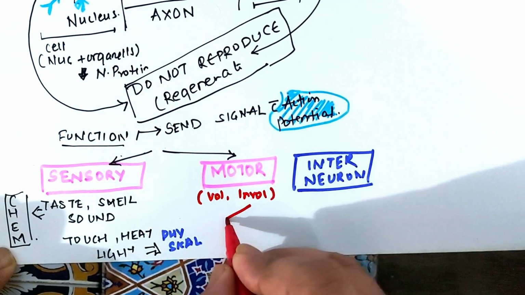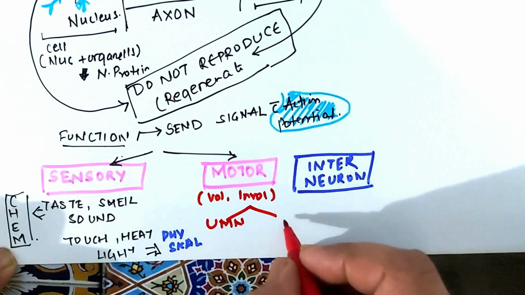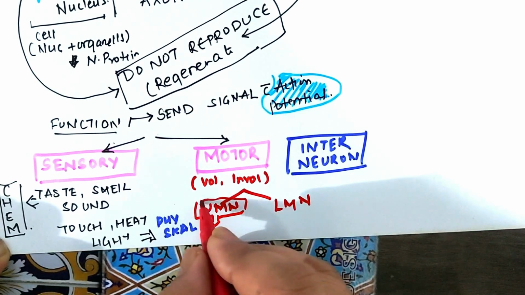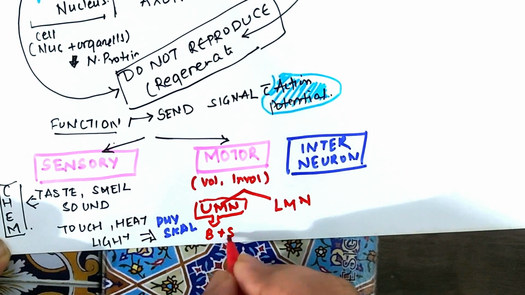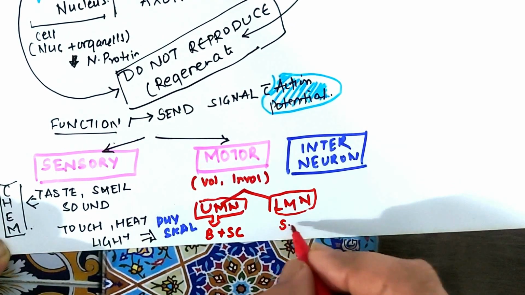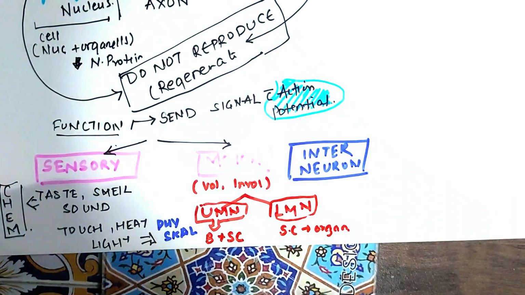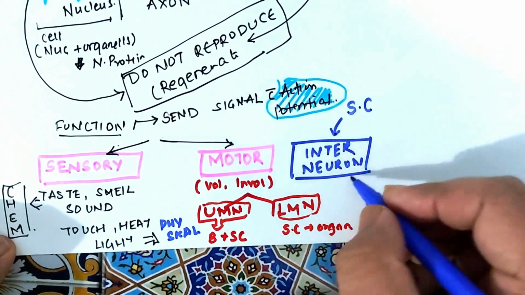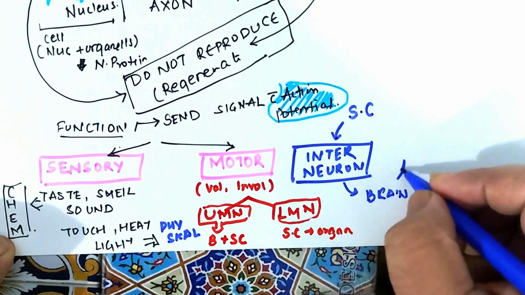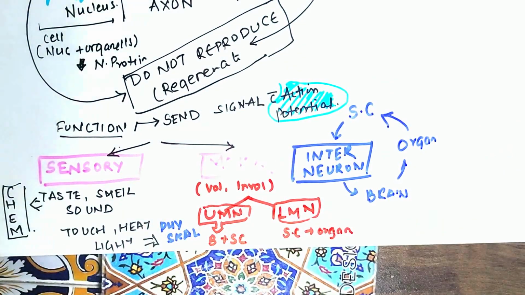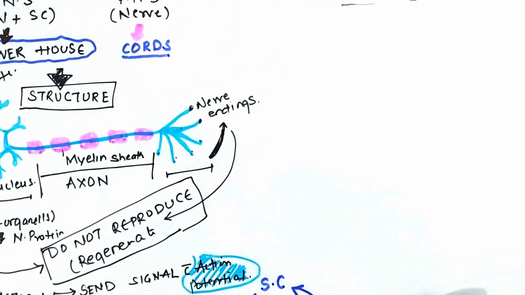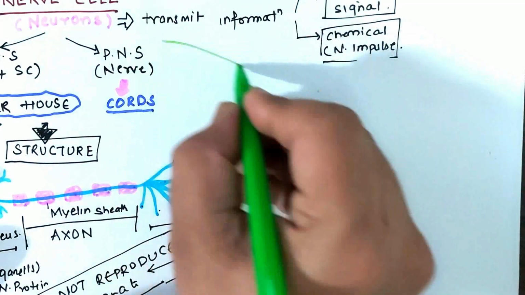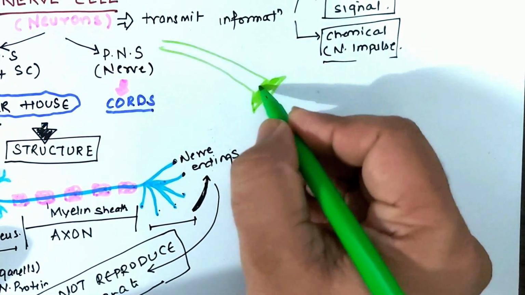Motor neurons are classified into two categories: upper motor neuron and lower motor neuron. Upper motor neurons are basically found in the brain and the spinal cord, and lower motor neurons from the spinal cord to the terminal organs. Interneurons are basically present between the spinal cord and the brain, and they form the internal circuits joining the sensation coming from sensory as well as motor.